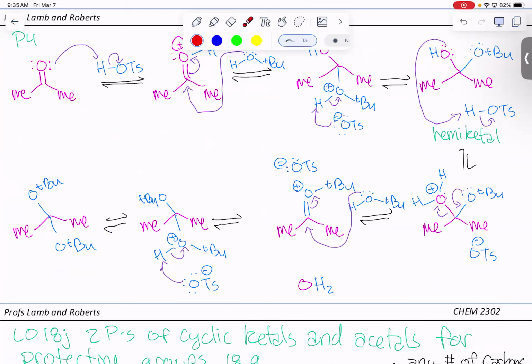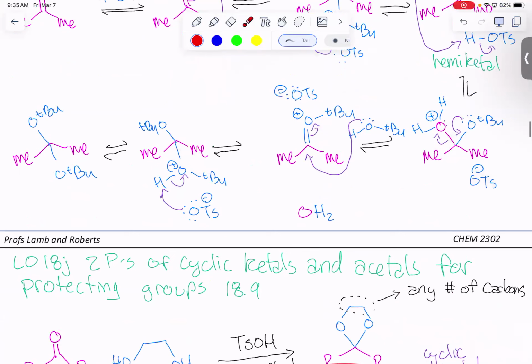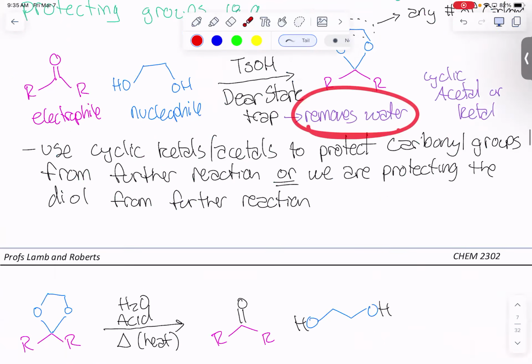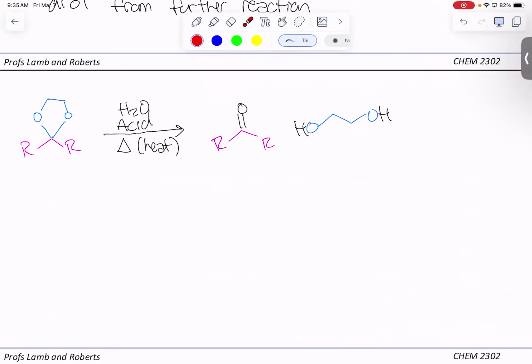So instead of this sequence going forward, if we add a bunch of water, which we lost, we can have it go in the opposite direction and get back exactly where we started. That's how equilibrium works, right? So that's why deprotection conditions look eerily similar to our protection conditions, except for here we're removing water because we want to go in the forward direction. Here we are adding in water because we want to go in the reverse direction.